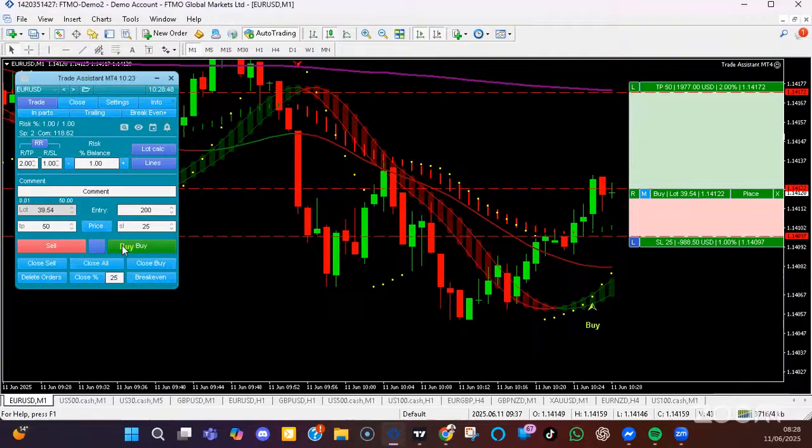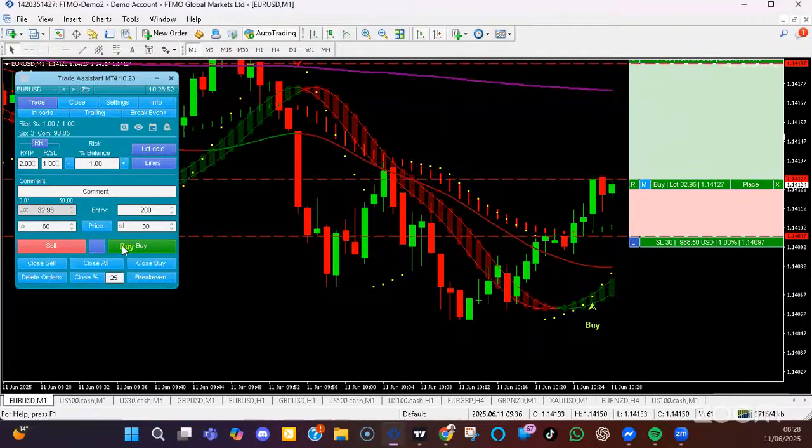The trend line is still red, incidentally, but that could go green at any time now.